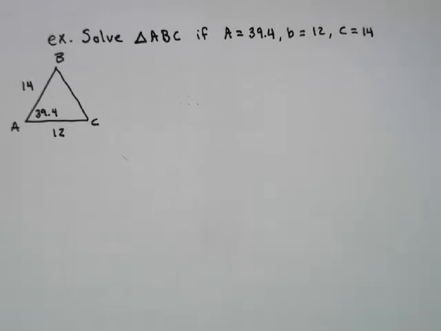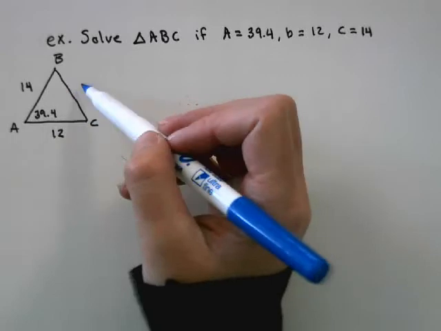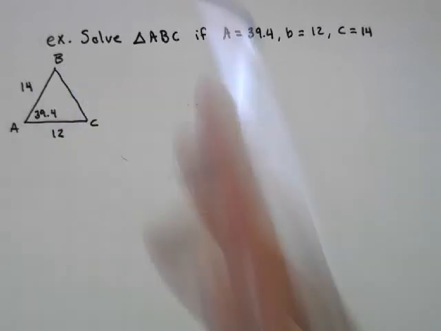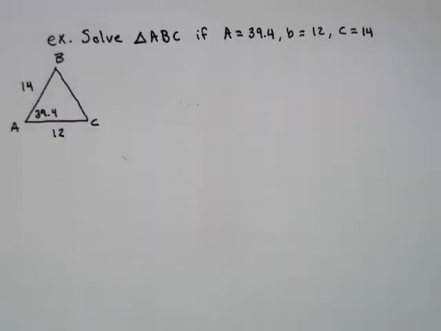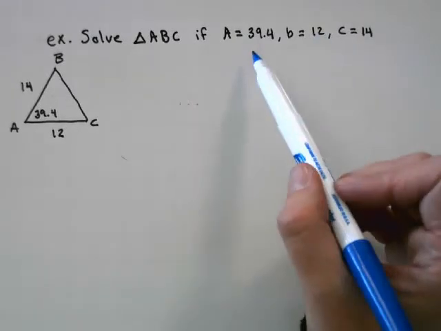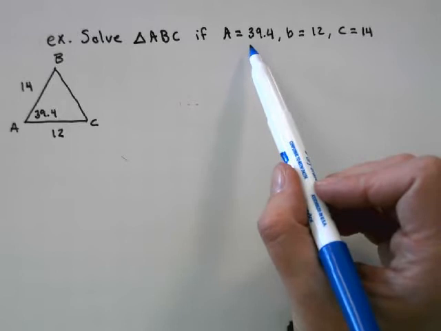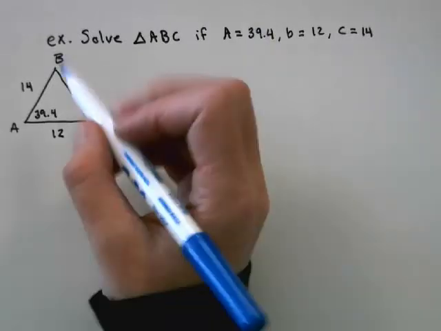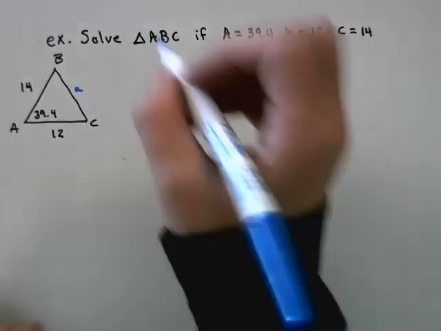We are going to be using the law of cosines, and it should be apparent that we don't have enough information to use the law of sines, because I have that angle, not that side, these two sides, but not the angles opposite them. So in the law of cosines, even though in the given our angle was C, here it's going to be A. It's always going to be solving for the side opposite the angle.